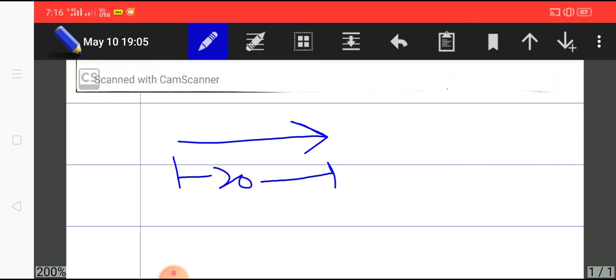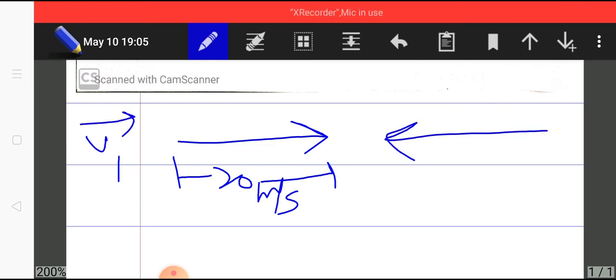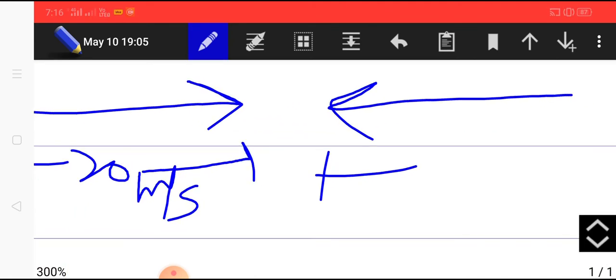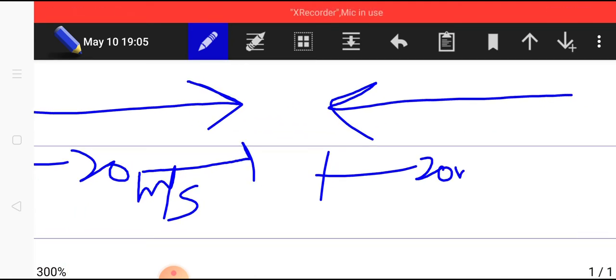So in vector analysis, a car which is moving with 20 meter per second towards the right hand side, suppose the velocity vector is v1, is not equal to a velocity vector in which a car having the same magnitude of velocity, that is 20 meter per second, but it is moving in backward direction.